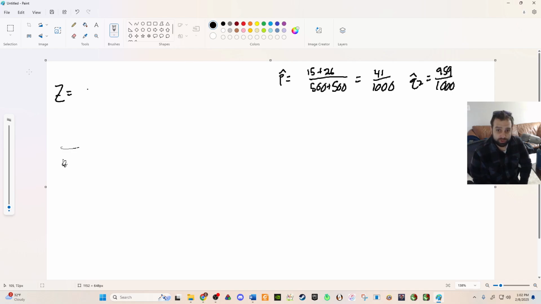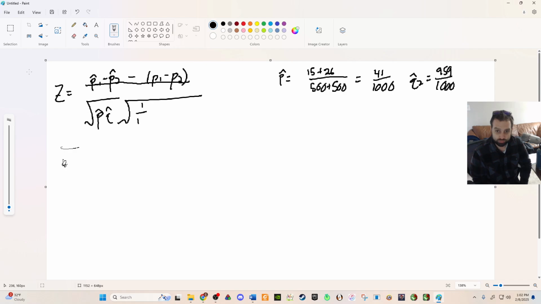Our test statistic is going to be, again, I got the formula here. All right, we got to start with our difference of proportions. So that's 15 over 500 minus 26 over 500.